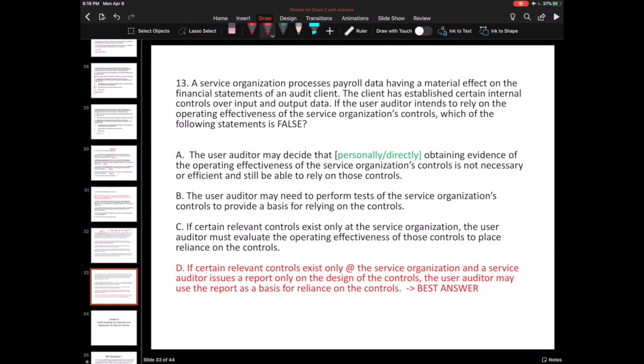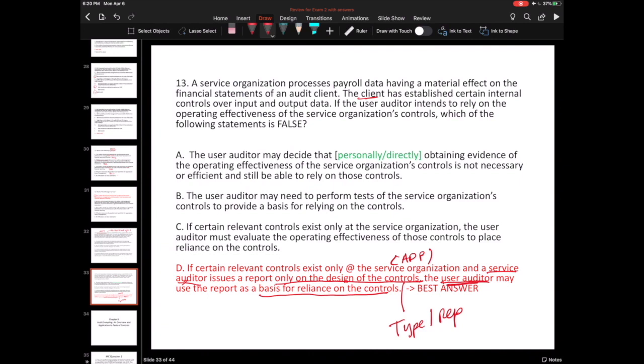Reading through D, if certain relevant controls exist only at the service organization, so this is our ADP, and a service auditor, meaning an auditor of ADP, issues a report only on the design of controls, so this would be the type 1 report we talked about, the user auditor, so this means the auditor of the client, not the auditor of ADP, may use that report as a basis for reliance on the controls.